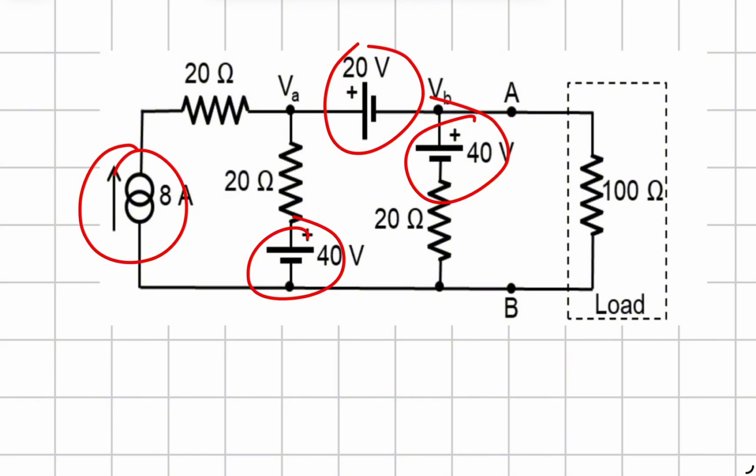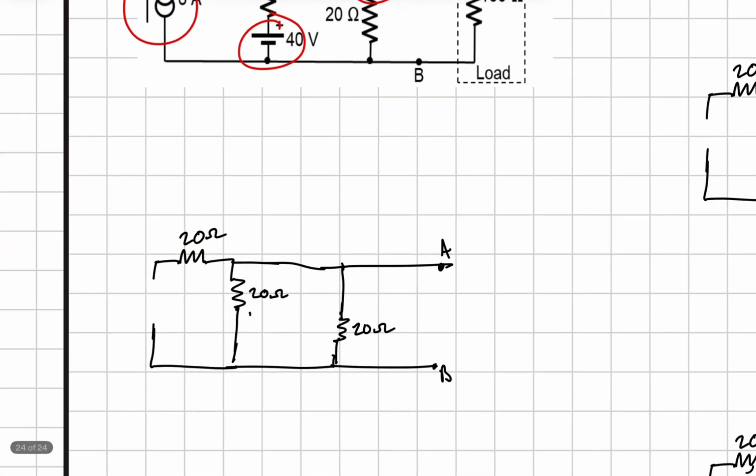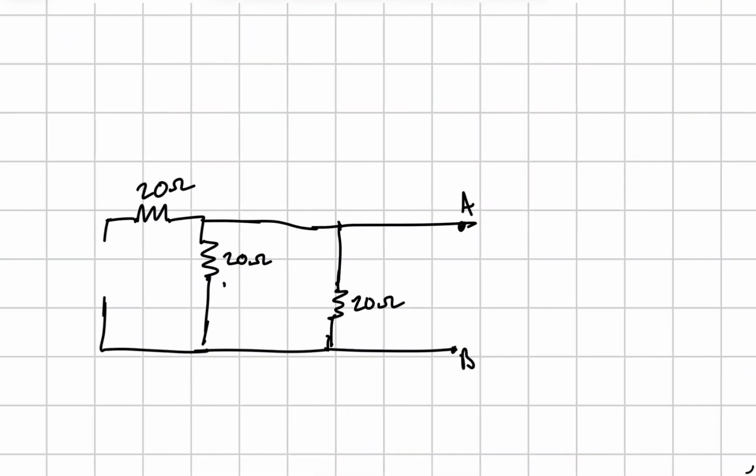So the rule when using Thevenin's or Norton's is that you do superposition, and what I mean is when you're disabling sources, current sources are open circuits and voltage sources are always shorts. Now, to get the Thevenin resistance, you disable everything and open the load.